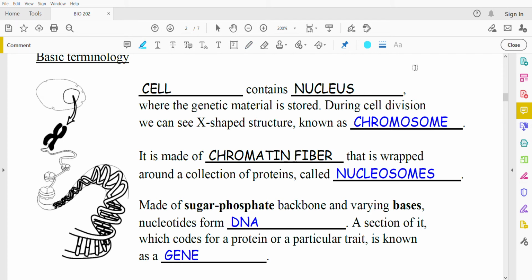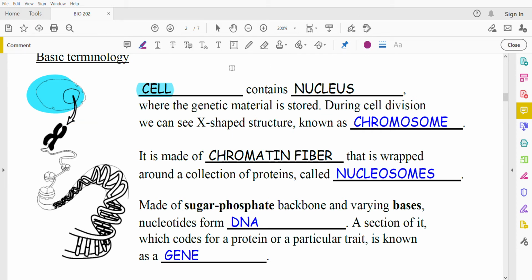First of all, here we see a cell. And within a cell, we will notice that there is a structure that often stains dark, especially when we use various stains to highlight this structure. And this structure is, of course, going to be our nucleus. So let's add our nucleus to this diagram.